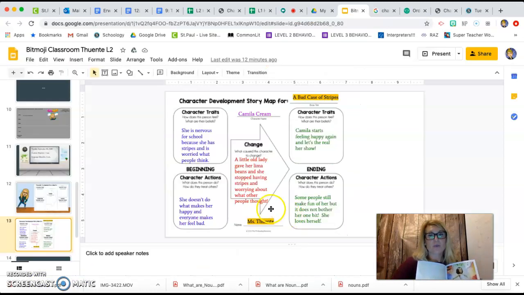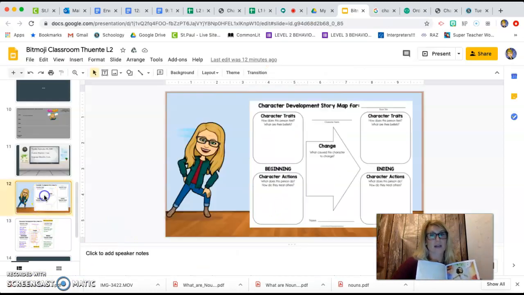Now, you are going to try this assignment on your own, but you're going to do this for the story, The Three Little Pigs. And when we think about the story of the Three Little Pigs, we remember there are three brothers. Two of them build houses that are not very good.